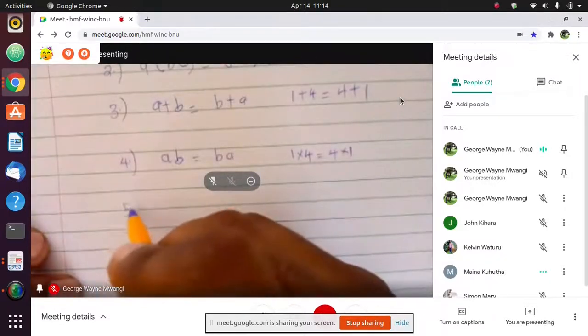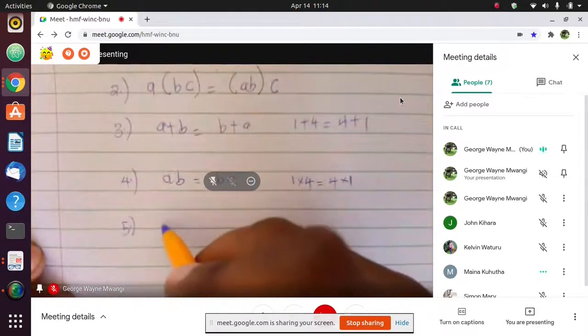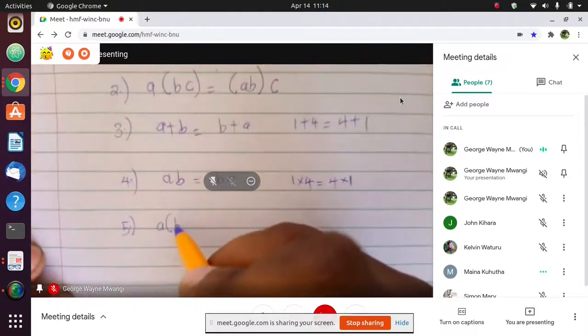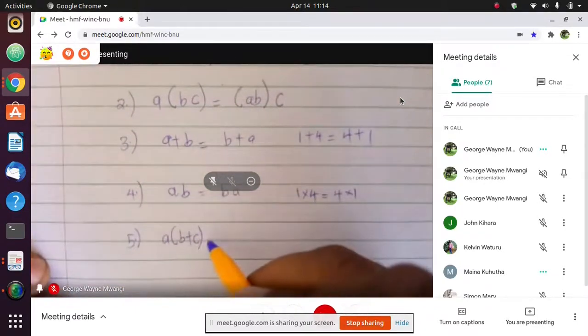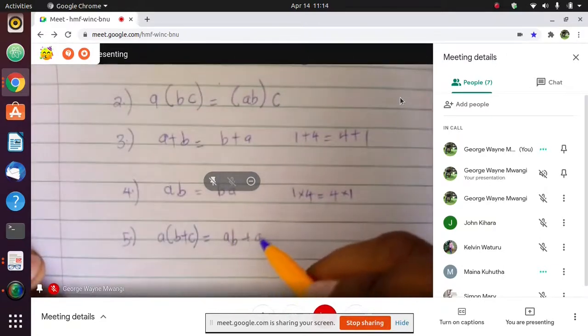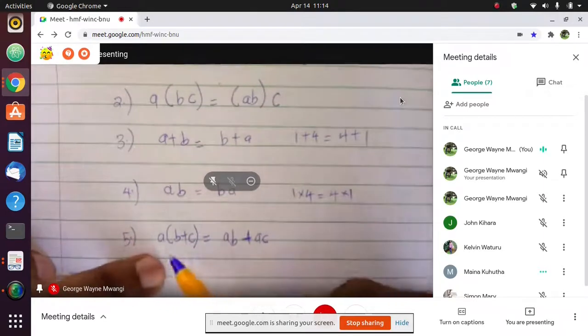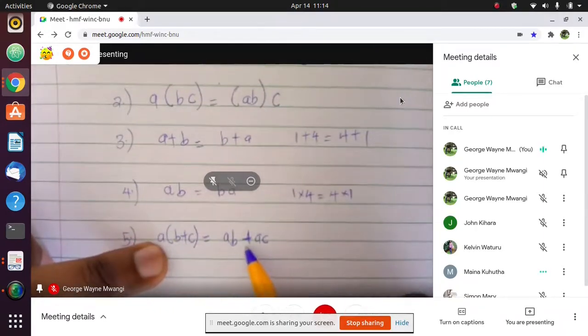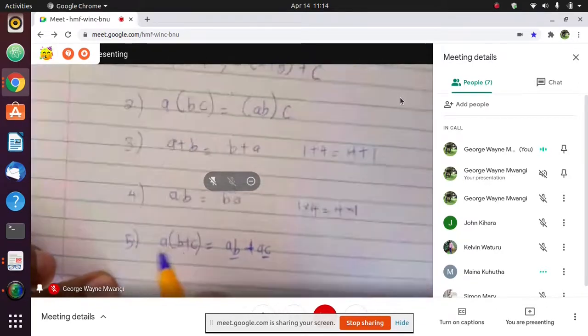Now we have another one that says a, when you multiply it by b plus c, is the same as saying ab plus ac. What we have done is we have opened the brackets. We have taken a multiplied by b, ab, plus a multiplied by c. All we have done is opening the brackets.